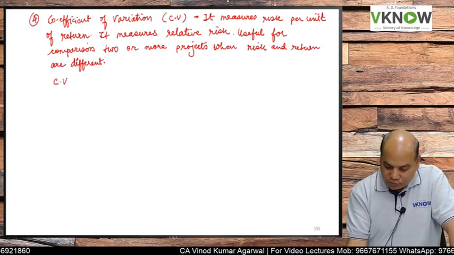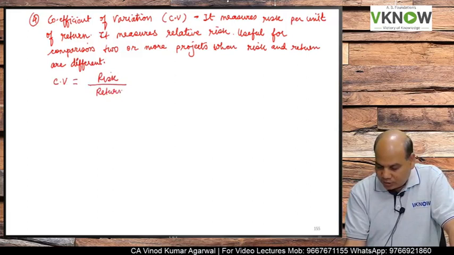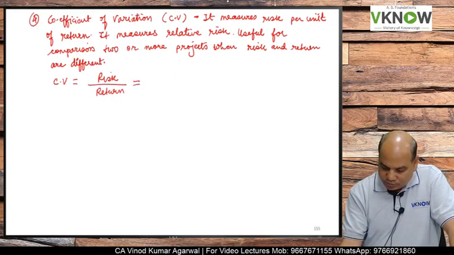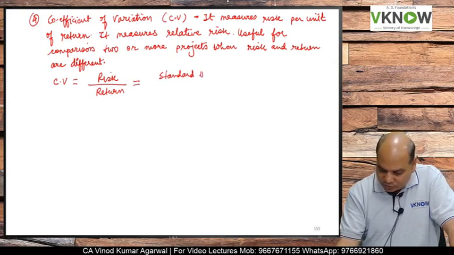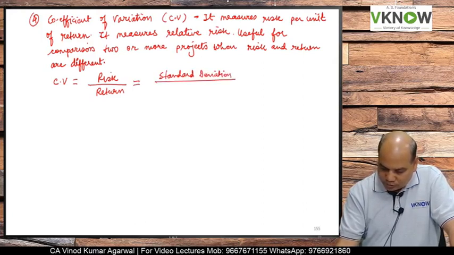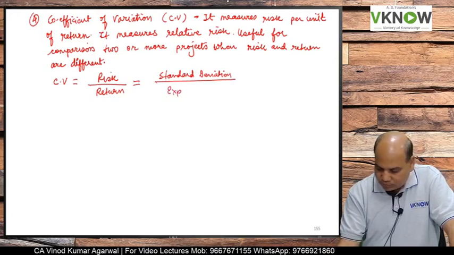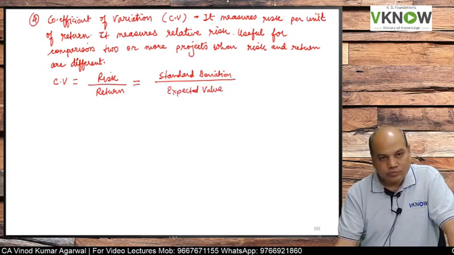So the formula is: coefficient of variation is risk divided by return, or more specifically standard deviation divided by expected value.